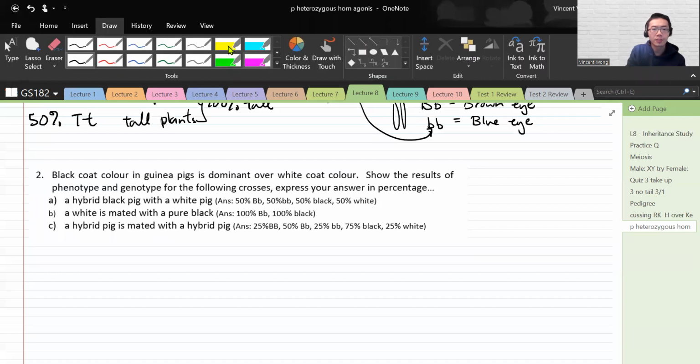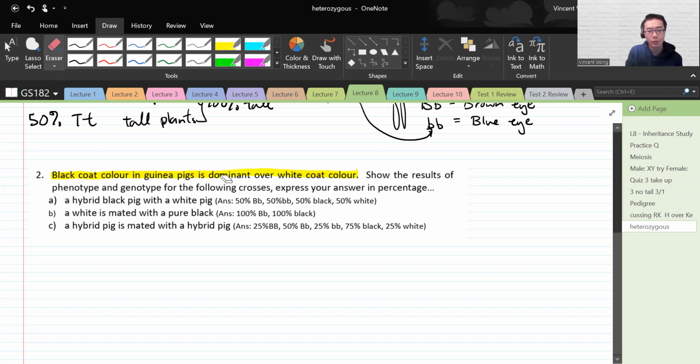So again, we have to set up our letters. Because black is dominant over white, we put big B for black and small b for white. We have to use the same alphabet. Okay, don't use B for black and W for white. It doesn't work like that. Okay, we have to follow the same alphabet as the dominant gene.